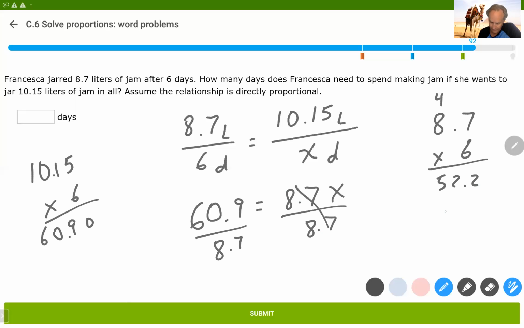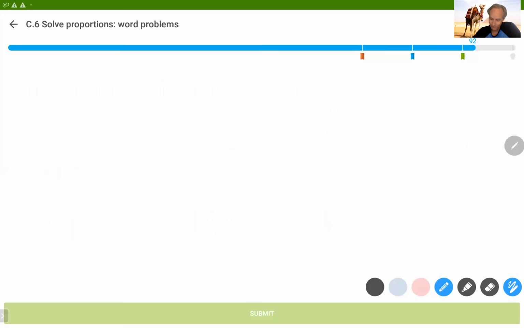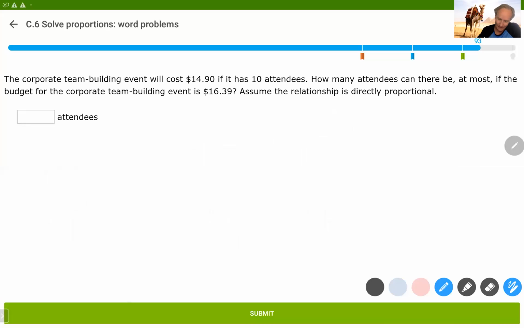So it must be 7. 9 and 4 and 60.9. Sure enough, it goes in 7 times. This is one of those cases, I'm saying go for the calculator. No, occasionally it is helpful.